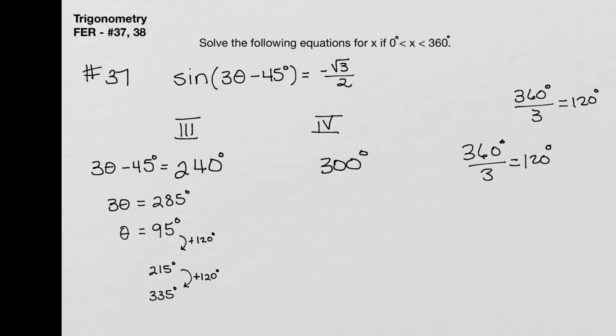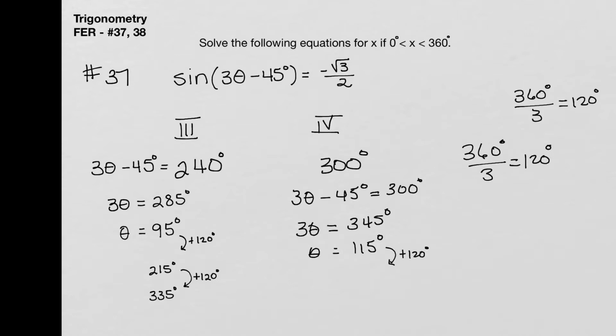And now I'll do the same thing basically. I'm going to take 3 theta minus 45 degrees equals 300 degrees and solve for theta. So I get theta equals 115 degrees. Now I'll add the 120, and that gives me 235 degrees.